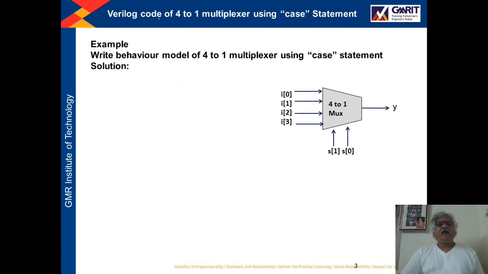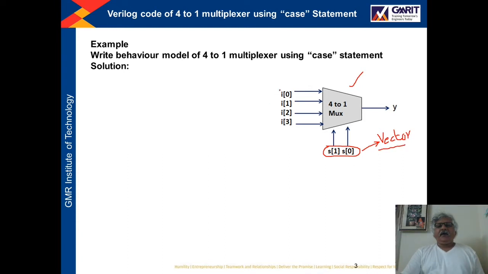Now we will see the Verilog module of the 4 to 1 multiplexer using the case statement. So this is the block diagram of the 4 to 1 multiplexer. Here there are two select lines, S1, S0. While writing the Verilog module, we will create a vector of two elements for the select line.